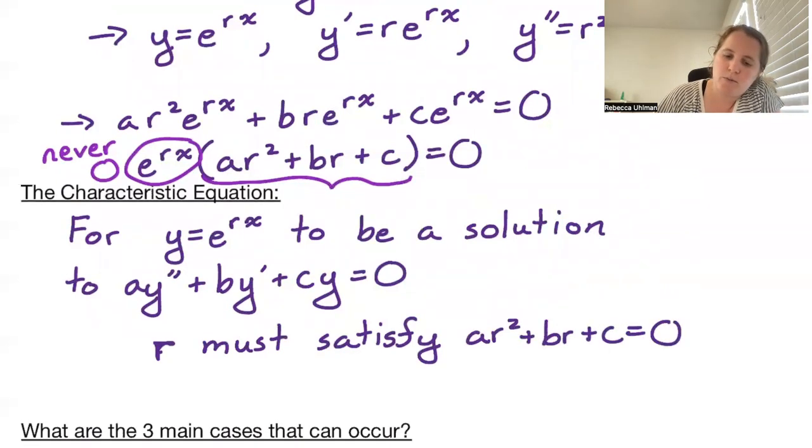So this ar squared plus br plus c is what is referred to as the characteristic equation.